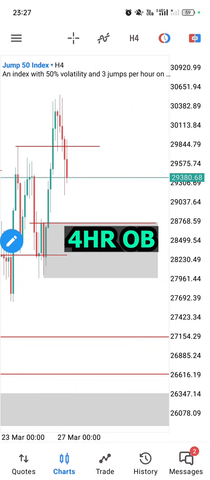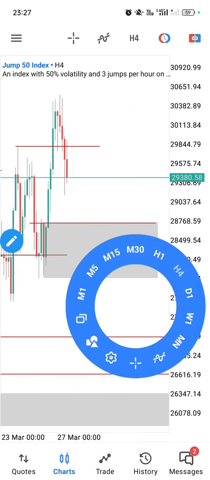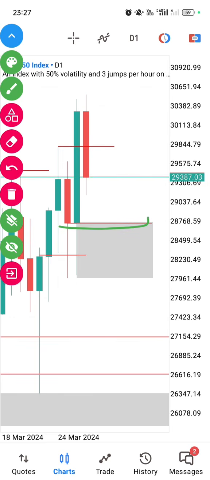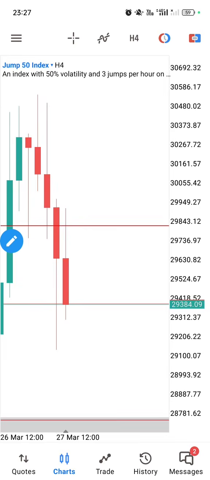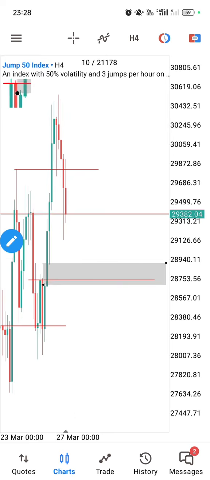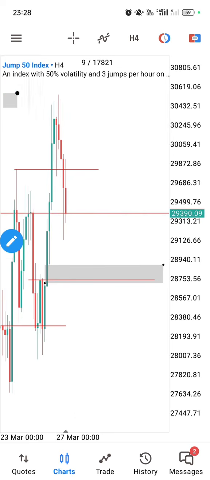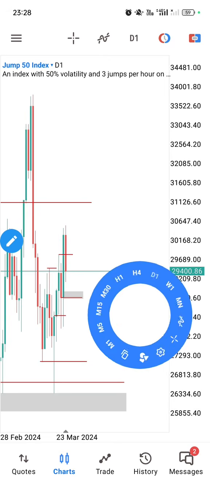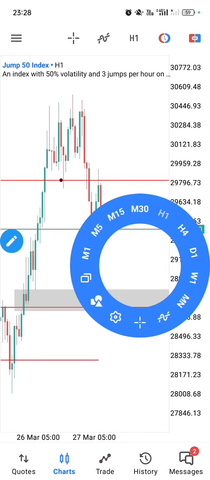This current 4-hour order block is in line with the daily rejection. Do you see that? The daily rejection and the 4-hour are the same thing, and above it is the fair value gap. So that zone is strong because there's a confluence there.